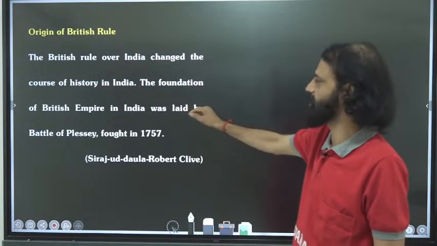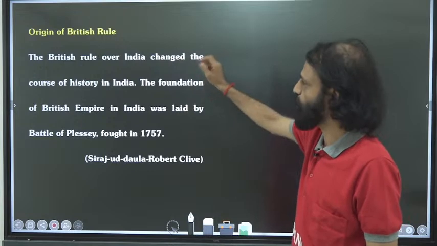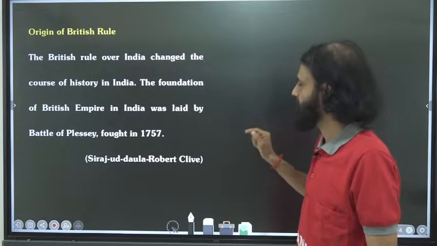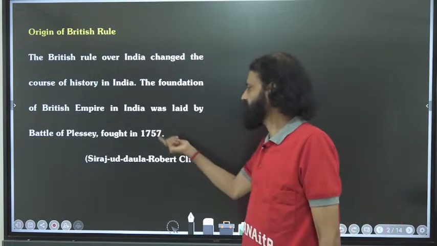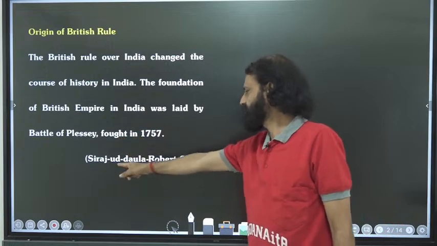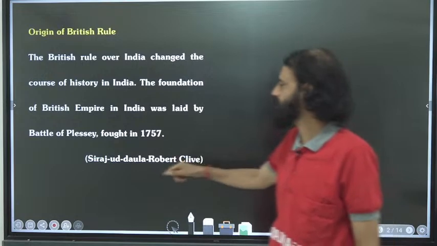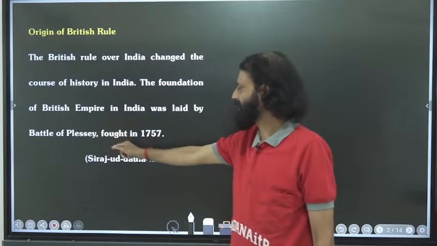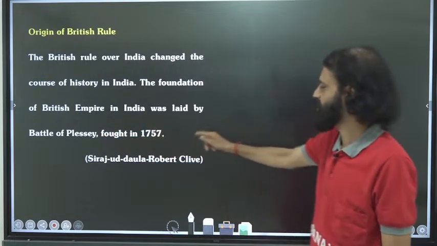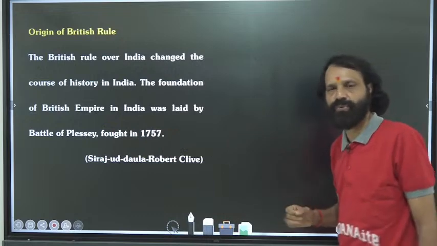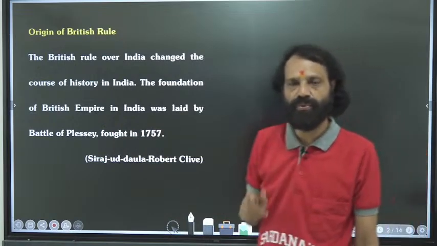This date you need to remember, the origin of British rule. That happened after the war between Siraj-ud-Dawla and Robert Clive. That war is also known as the Battle of Plassey, 1757. After that, for around 200 years, Britishers ruled our country.